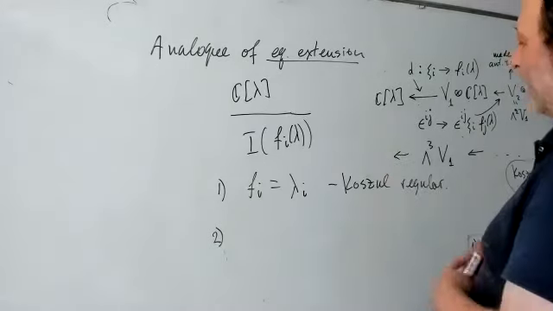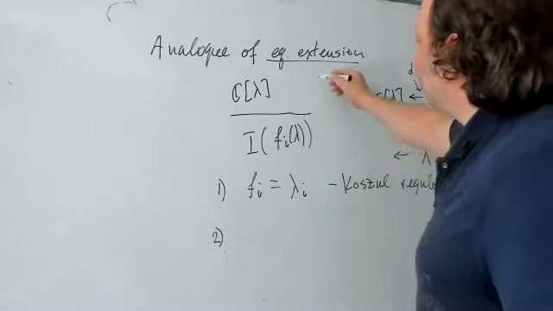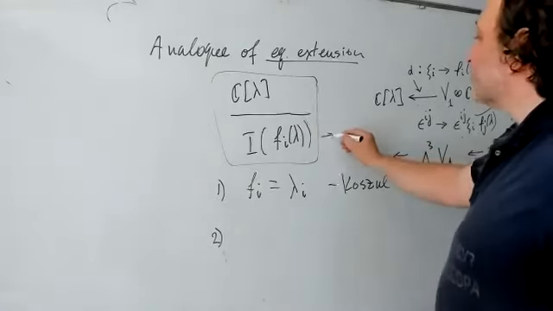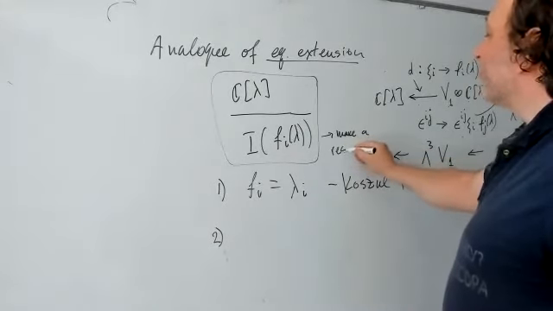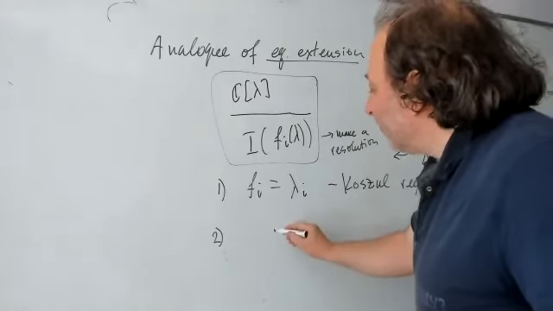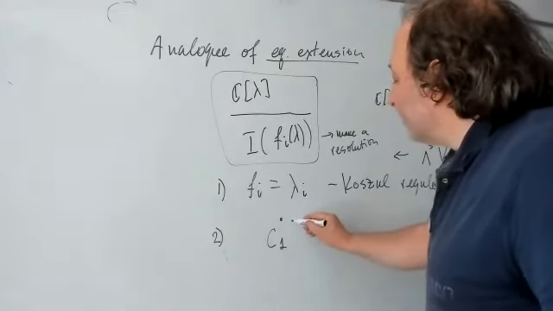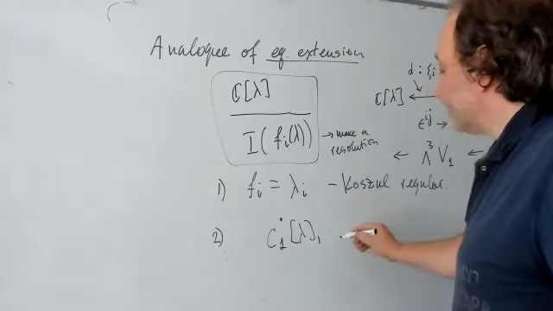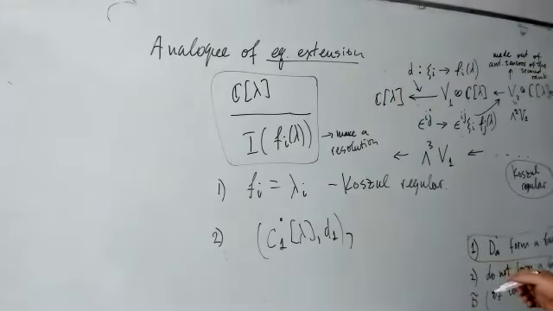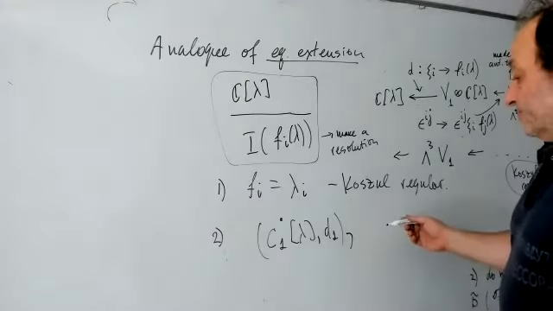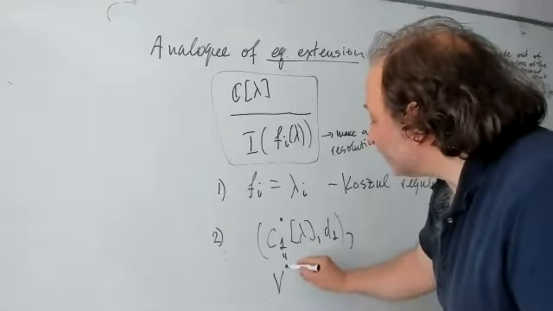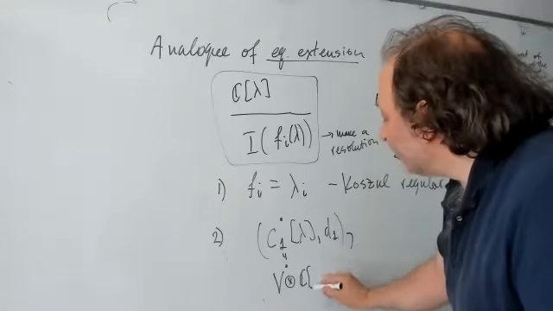So let us see the strategy. If we form a resolution of this module, so we have this resolution of this module with some differential, this is, of course, some complex tensored by C of lambda.